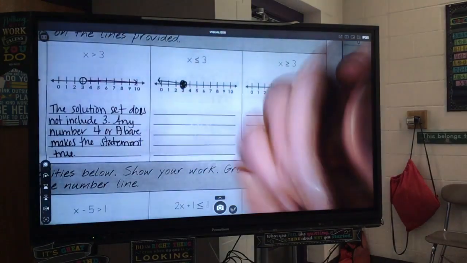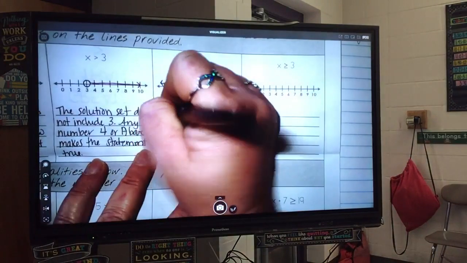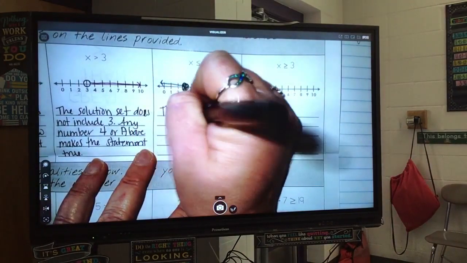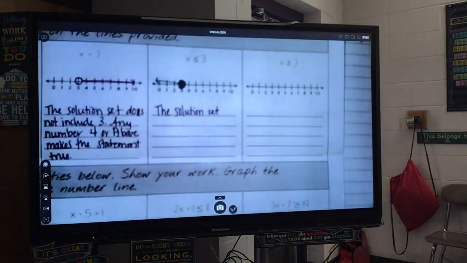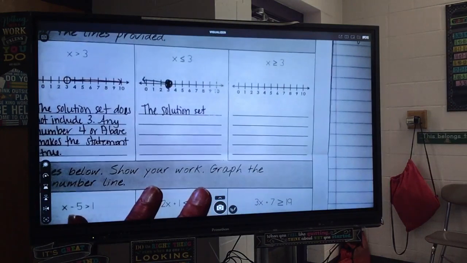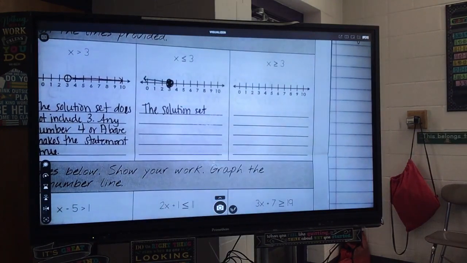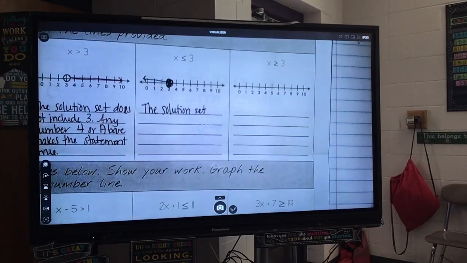Alright, so closed circle going to the left. Now, the solution set on this one, is it going to include that number? Yes. Why is it going to include that number? Raise your hand and tell me. Jackson. Because it could be equal to that number, because you have that line underneath.